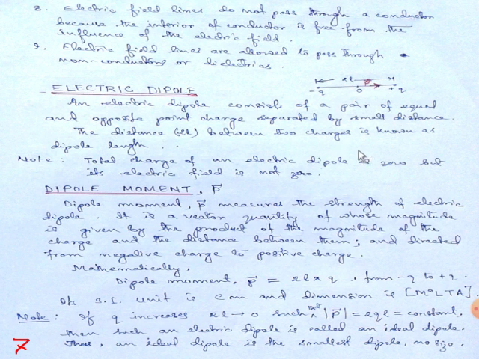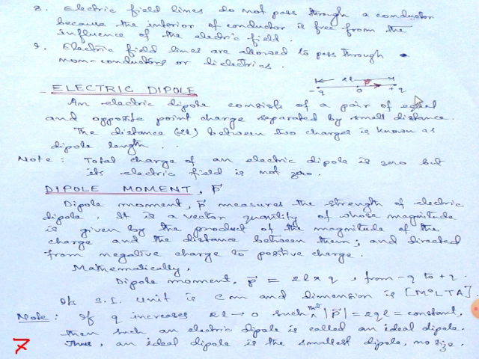Dipole moment is nothing but the strength of that electric dipole. It is expressed as the magnitude of either of the two charges, I mean, if you take minus Q, the magnitude is Q, and if you take plus Q, it is Q, because they are of the same magnitude, just opposite in nature.